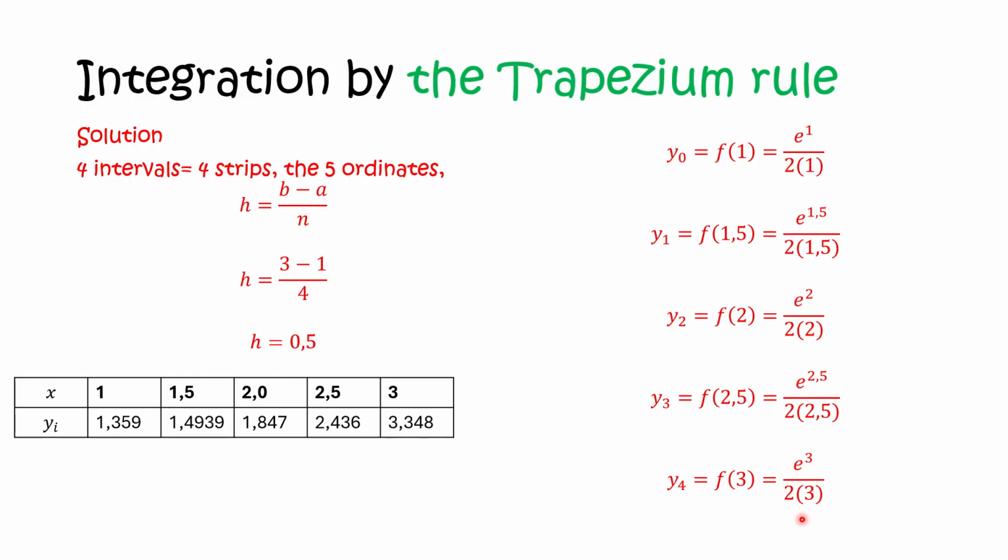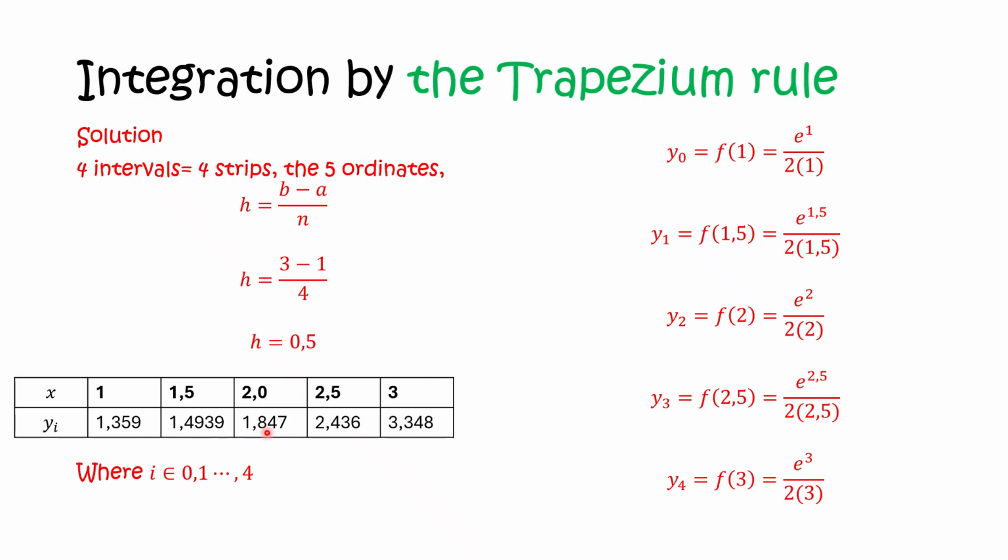Now, computing those, we are going to get the values in the table here, where we have x ranging from 1 to 3 and yi from 1.359 to 3.348. And of course, recall, our i is from 0 to 4.